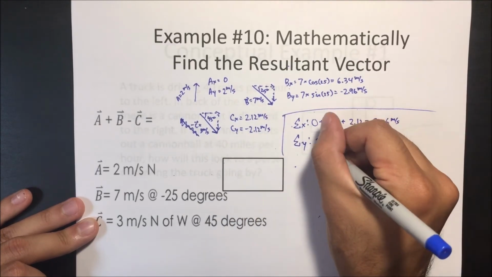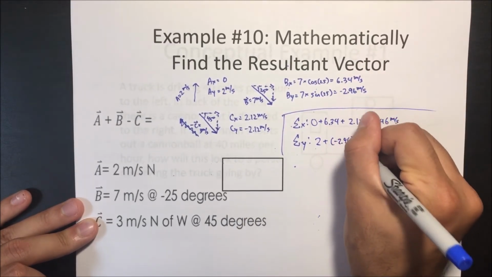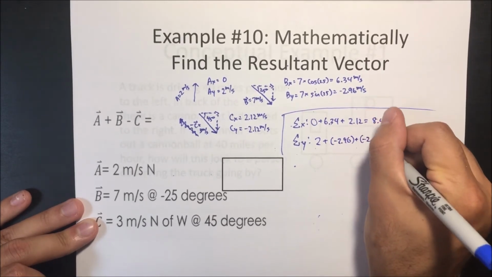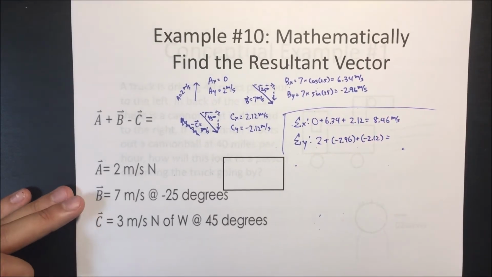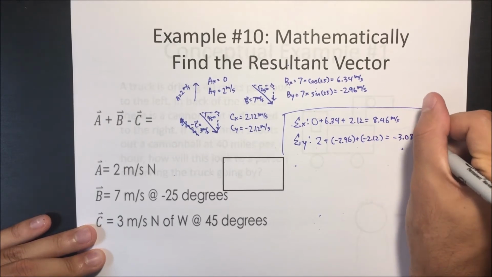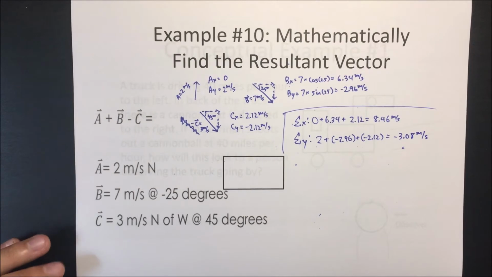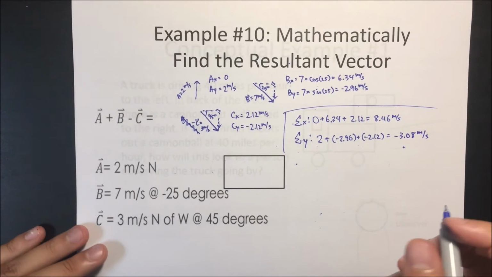And for y, we get 2 plus negative 2.96 plus negative 2.12. So let's see what that is. 2 minus 2.96 minus 2.12, and we get negative 3.08 meters per second.